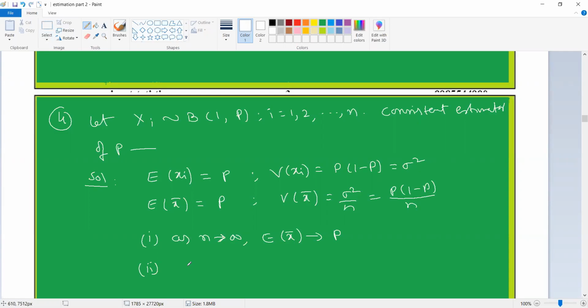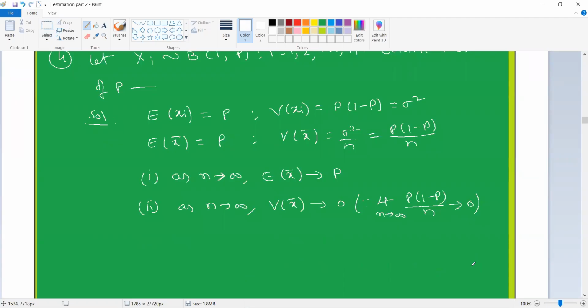Second one, as n tends to infinity, variance of x bar tends to 0. That is limit of n tends to infinity, p into 1 minus p by n. This tends to 0. Therefore, x bar is a consistent estimator of p of the Bernoulli population.